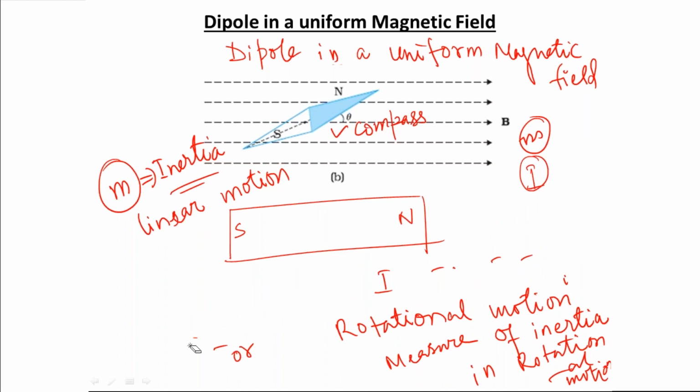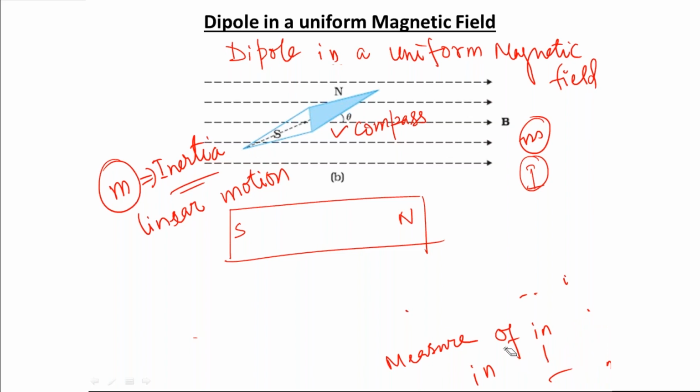So experimentally, if we want to calculate the magnetic field created by a bar magnet, what do you have to do? You have to bring a compass needle near the bar magnet.